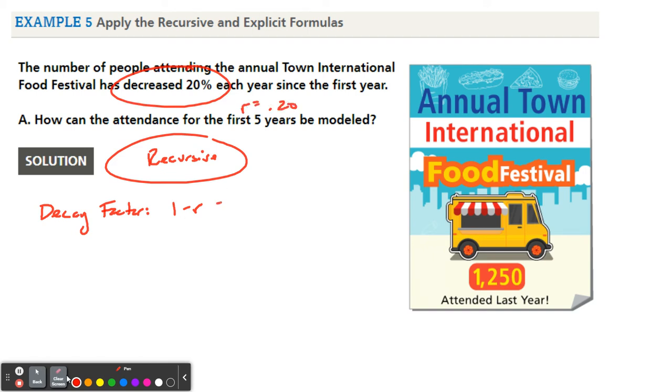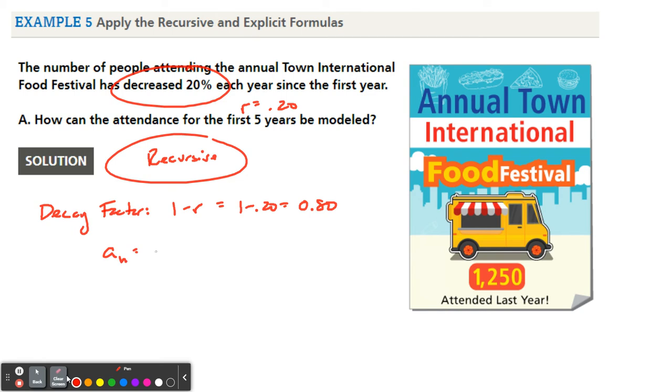But because we're decreasing, we're going to subtract it from 1. So 1 minus 0.20 is 0.80, 80%. So what this means is that every time you're only getting 80% of the previous number of people. So if your common ratio is a number less than 1, you're going to keep getting smaller and smaller.